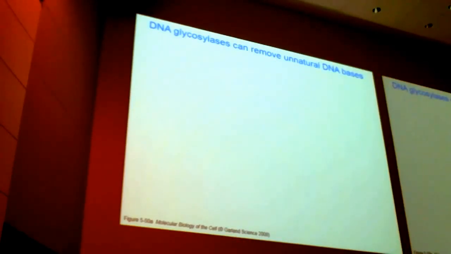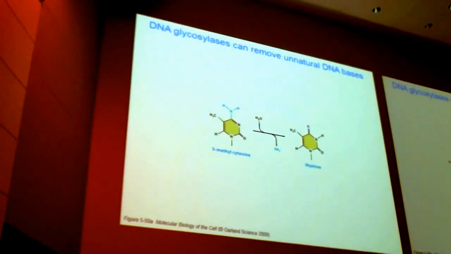Remember, during the DNA repair lecture, I briefly mentioned that 5-methylcytosine is found in eukaryotes, and it's used for gene regulation. So here's a refresher. There is about 3% of 5-methylcytosine in vertebrate DNA.